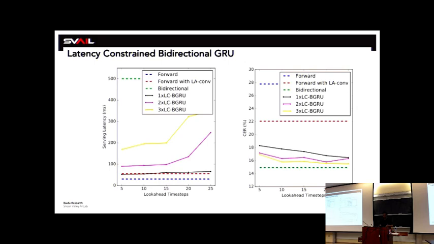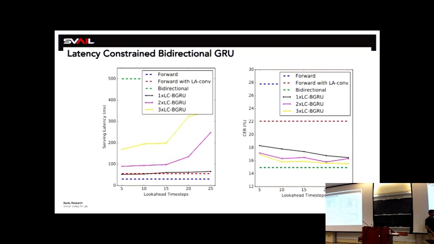Okay, so what happens? There are 2 graphs here. One is measuring the serving latency. One is measuring how well it fits your data set. You can see that the model with the least latency is the forward-only model, which as soon as you get the audio packet, you can do its computation and return its output.